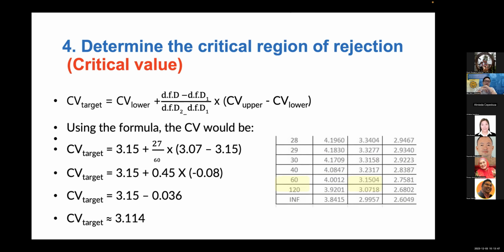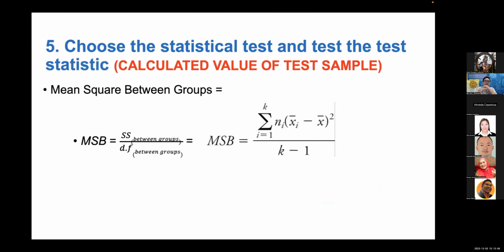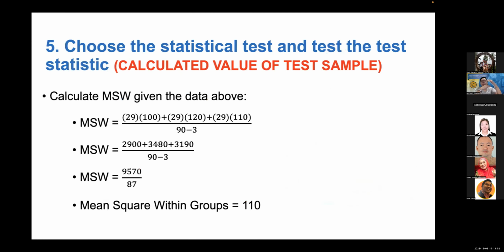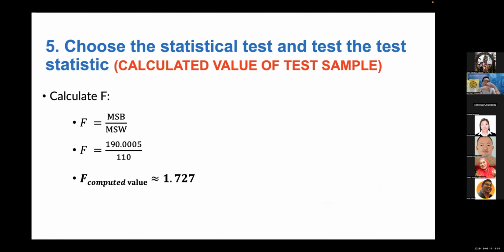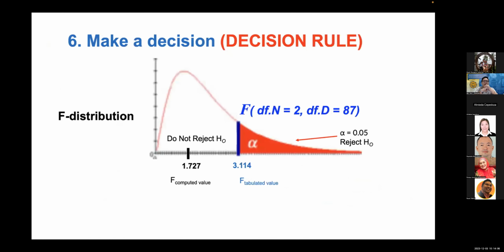And then proceeding with the value of the test, the calculated sample. So there are two phases, the MSB and the MSW, which you have to compute if you do it longhand. But eventually, our purpose is to get the value of your F, which is the calculated value of your test, which happened to be 1.727. So if we try to plot it, you can see the distribution is like that. So it happens to be abnormally distributed, no?